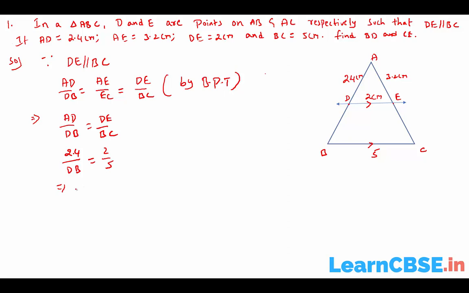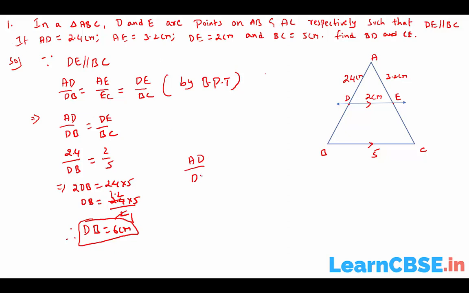Then cross multiplication, 2 DB equals 2.4 into 5, then DB equals 2.4 into 5 divided by 2. 2 ones are 2, 1.2, so 1.2 into 5 gives 6, therefore DB value is 6 centimeters.